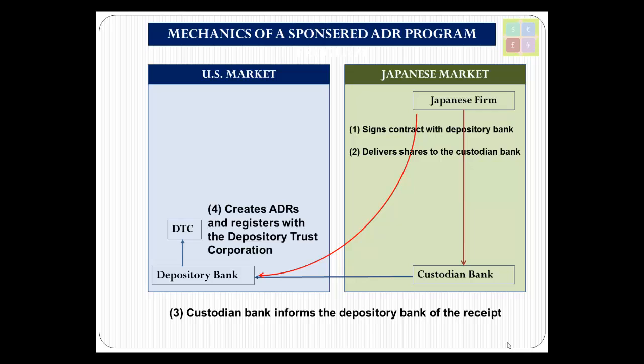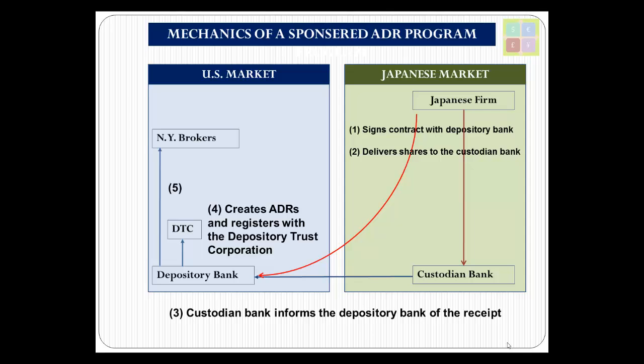Step number four, the depository bank creates ADRs and registers them with Depository Trust Corporation or the DTC. And they have to be registered with the DTC because all the settlement of shares goes through the DTC.